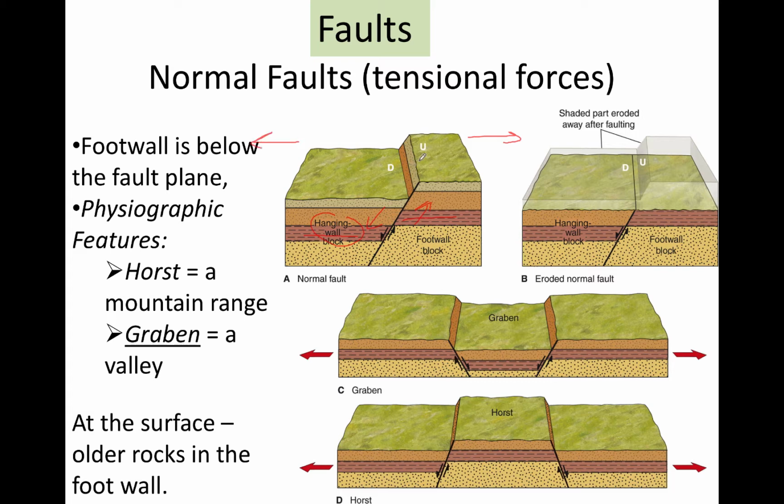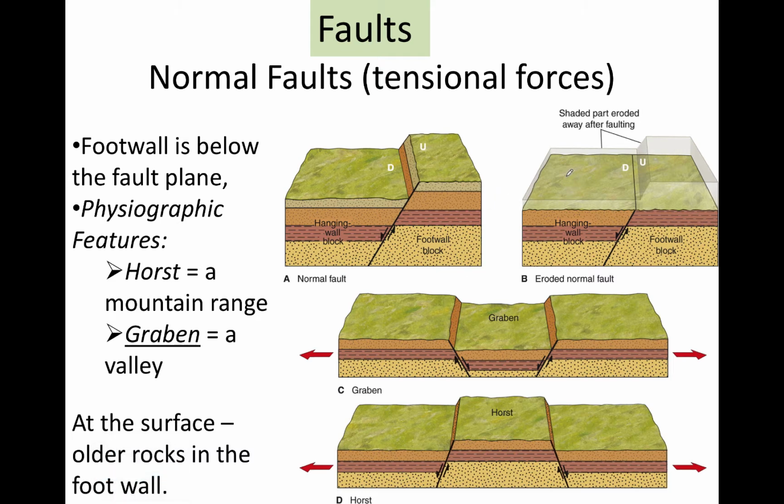And over time, this segment of the fault, this little part right here that sticks up, which is called the fault scarp, the scarp is going to erode away. Okay? And as the scarp erodes away, we flatten out the rocks. Okay? We flatten out the surface, I should say. And that means that we expose different rocks. So in this case, across a normal fault, I'm going to say something about the age of the rocks.